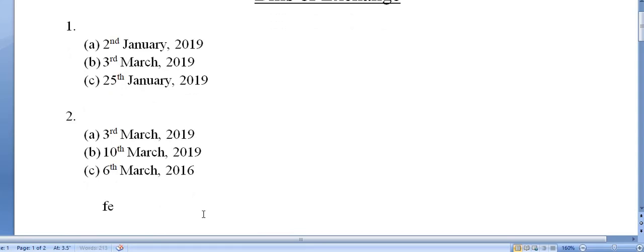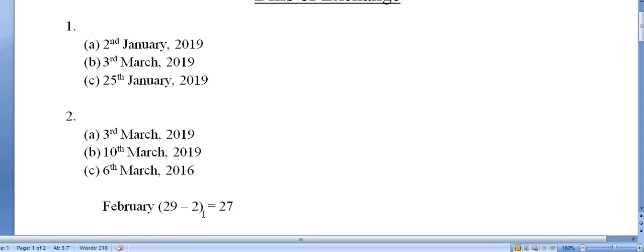February. Now this is 2016, which means it is a leap year. So 29 days, 29 minus 2 equals how much? 27, right? Which means February is completely over.